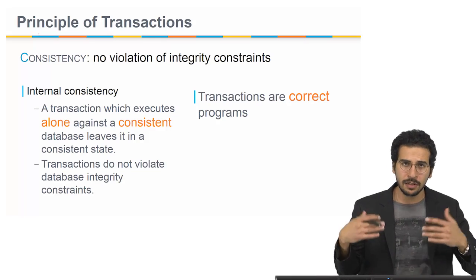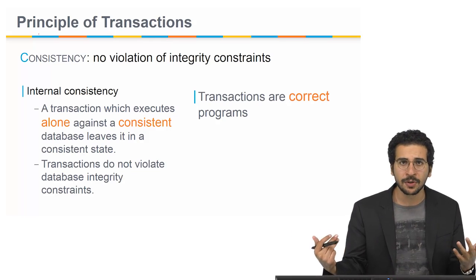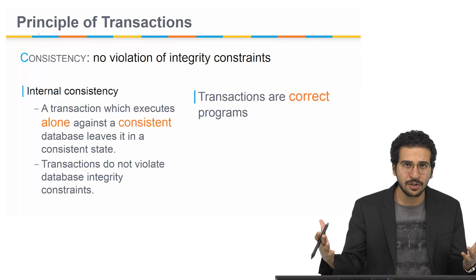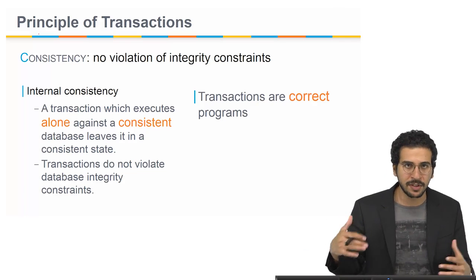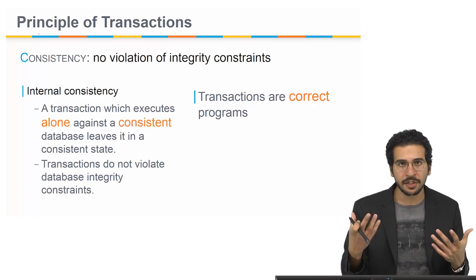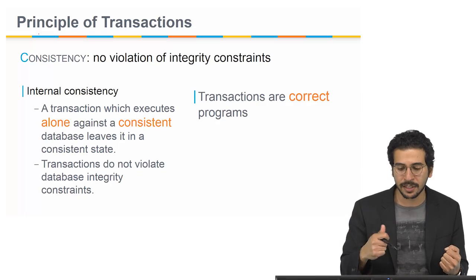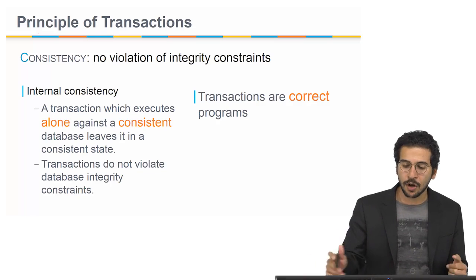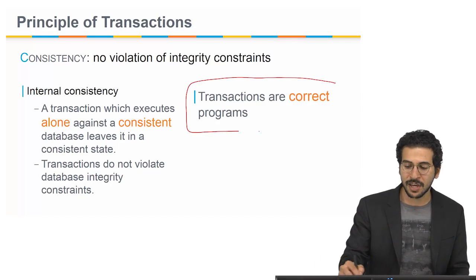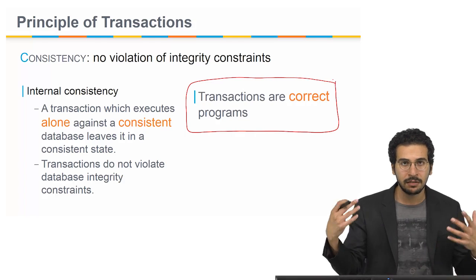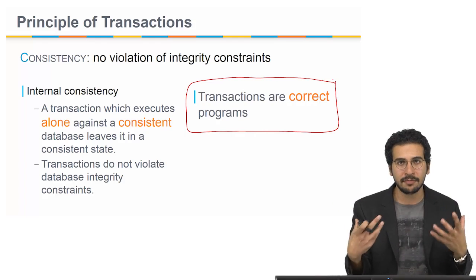And as we're going to see later in the course, there is also consistency in terms of data redundancy or data replication: how can we achieve consistency of the replicas of the data? That will also be included here when we talk about consistency, but we'll talk about that later. So in other words, if you're talking about programming, transactions need to be like a correct program.